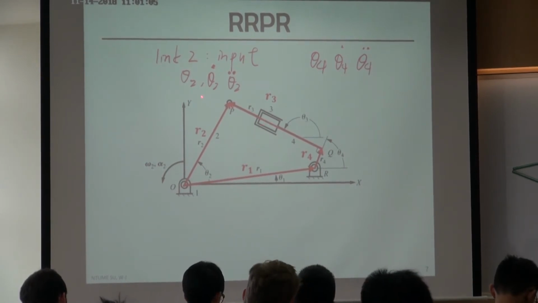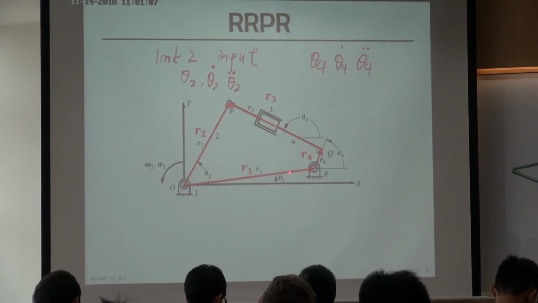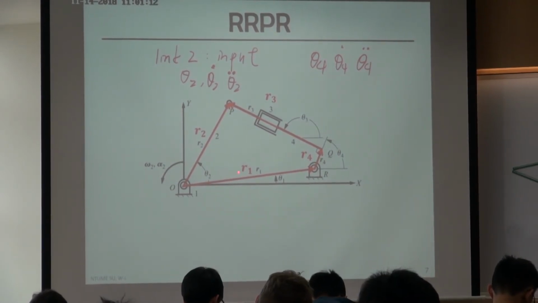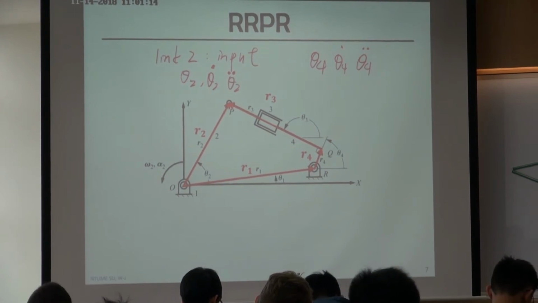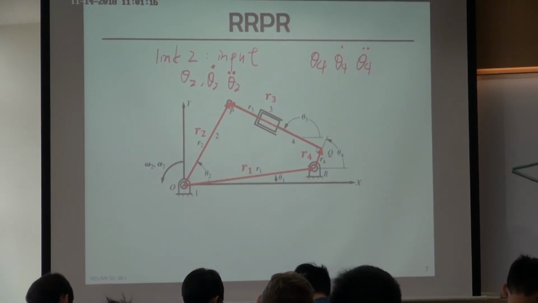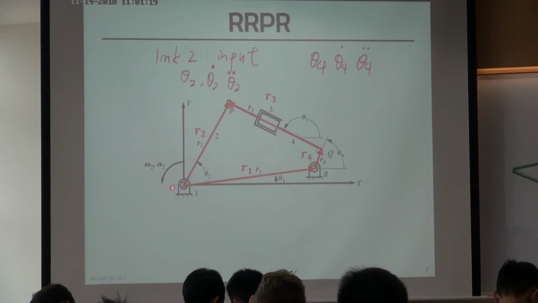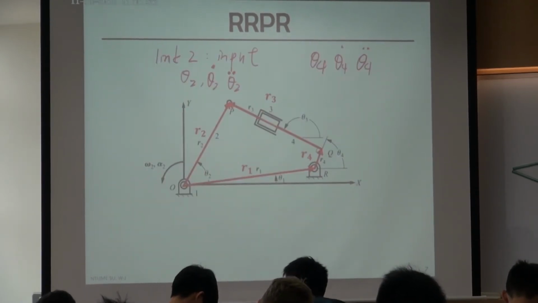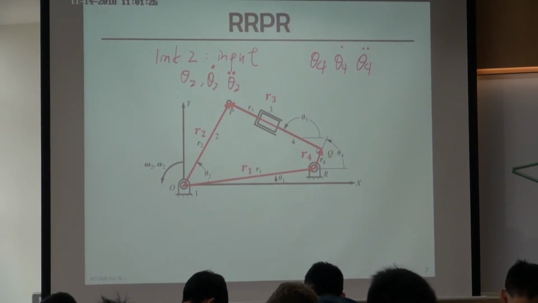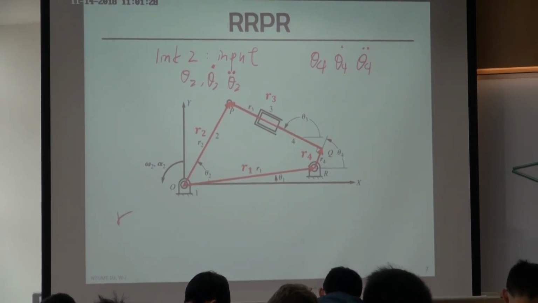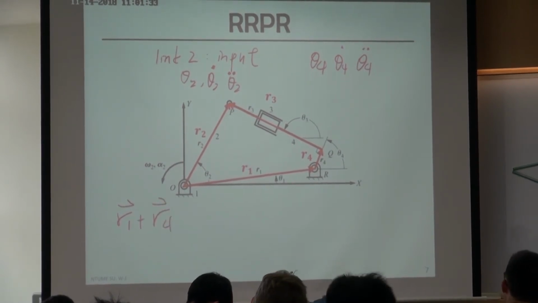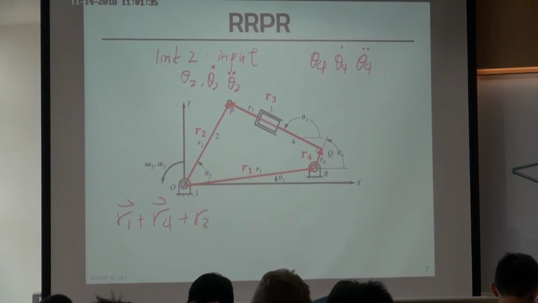You can just follow the direction of those links, those lines. Now we form a closed loop, a vector closure, with R1, R2, R3, R4. So you can write an equation. Based on the direction of my drawing, it's R1 plus R4 plus R3 equals R2.